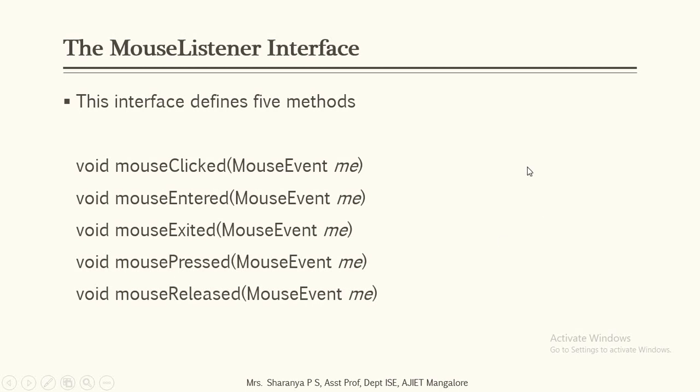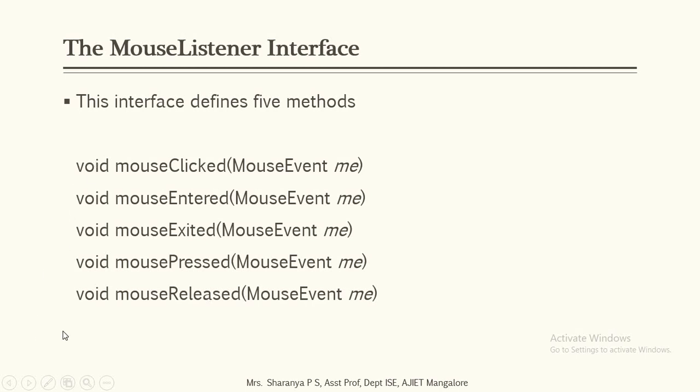Then mousePressed: in the same way, if we are selecting something, in such a case the mouse pressed event will be generated. And mouseReleased: if we click something and after that release the mouse button, in such a case the mouseReleased method needs to be handled.